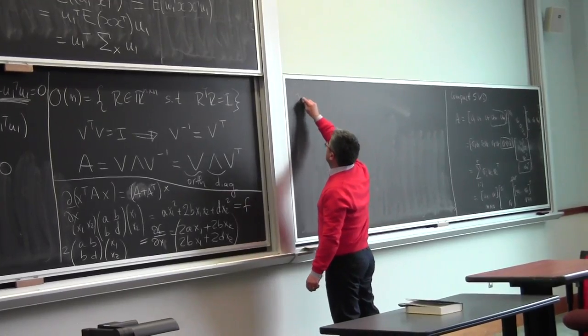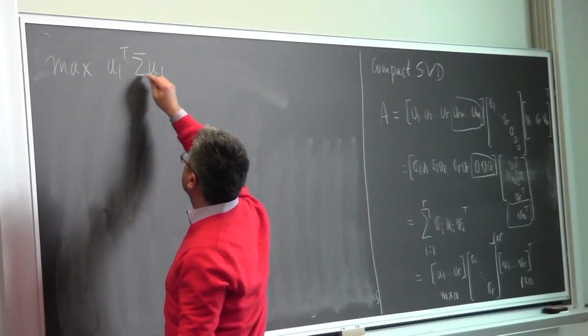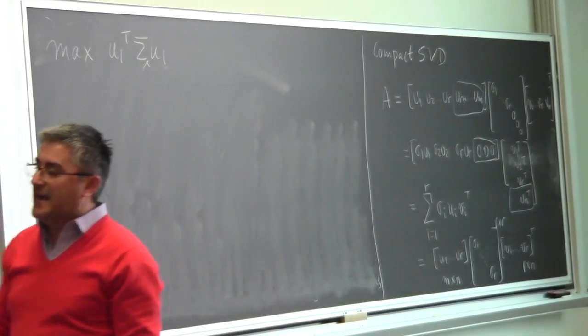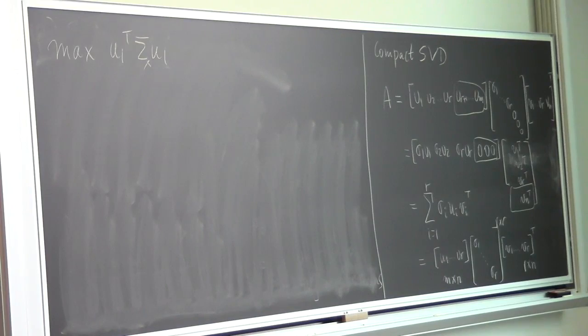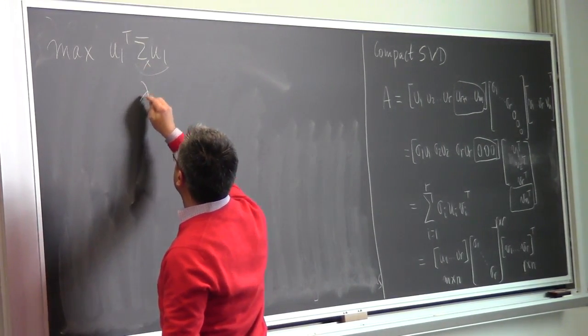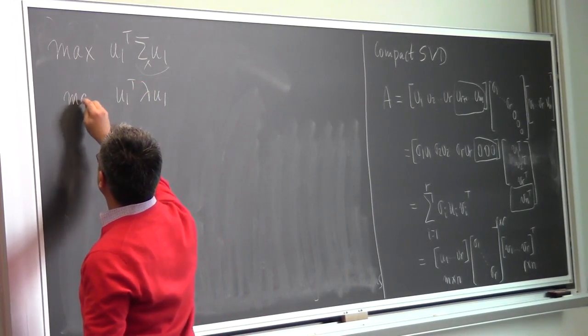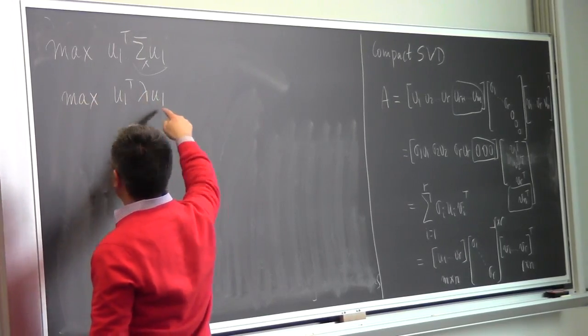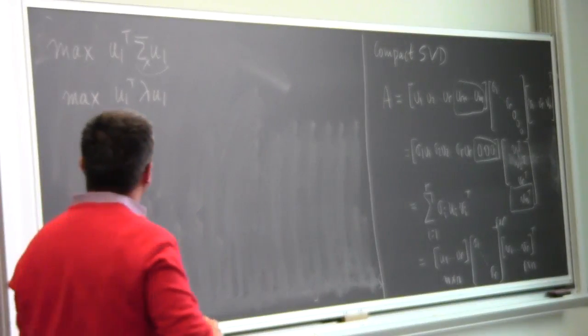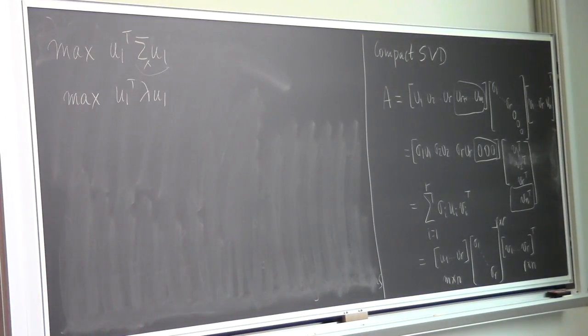My goal is to maximize u1 transpose sigma u1. And I know from this equation that I just wrote that sigma times u1 is equal to lambda times u1. So my goal is to maximize u1 transpose lambda times u1. And as it turns out, I know that u1 transpose u1 is equal to 1.